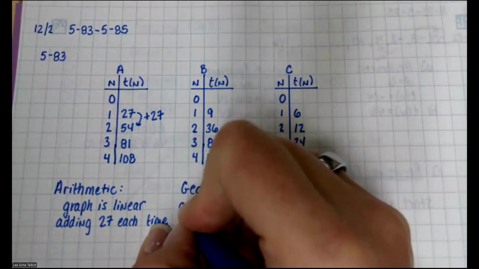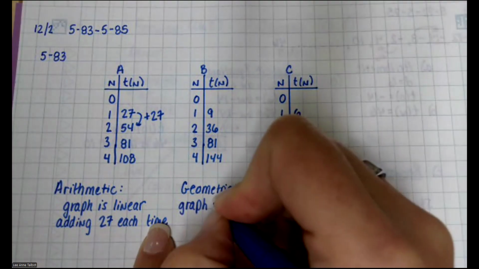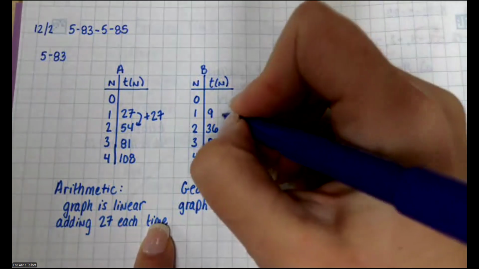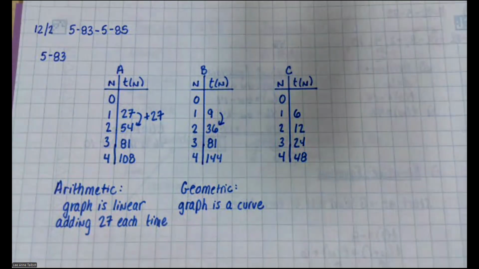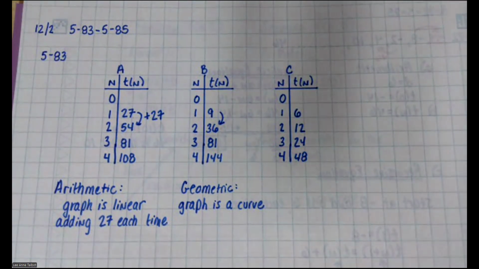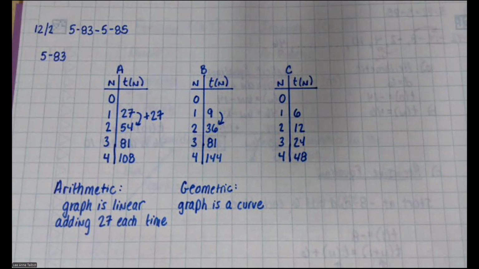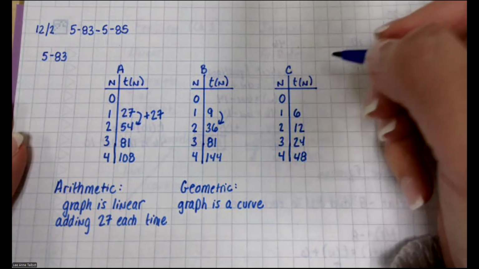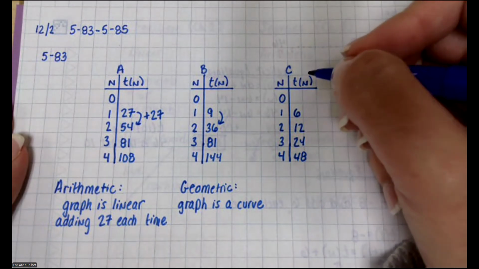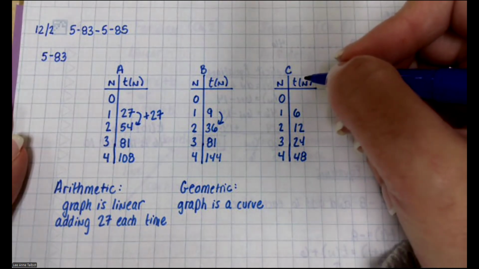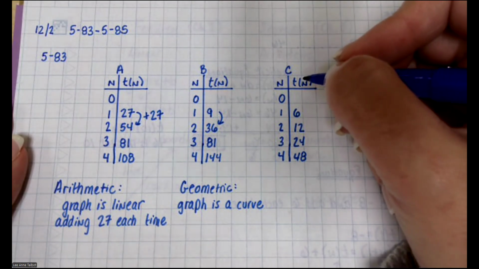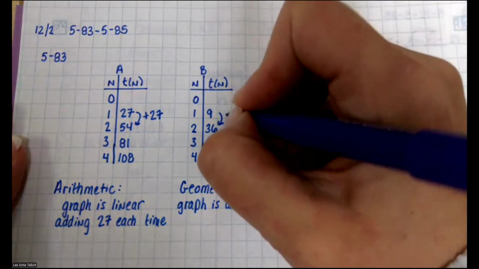The graph is a curve. And what is the growth doing? Times four.